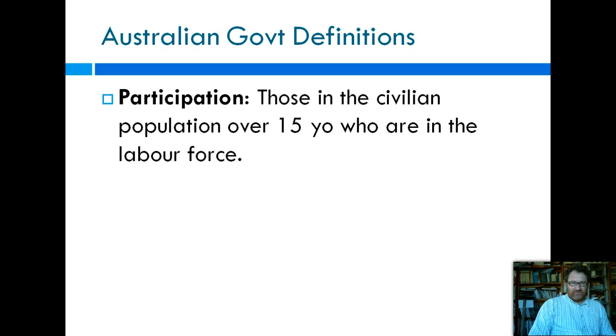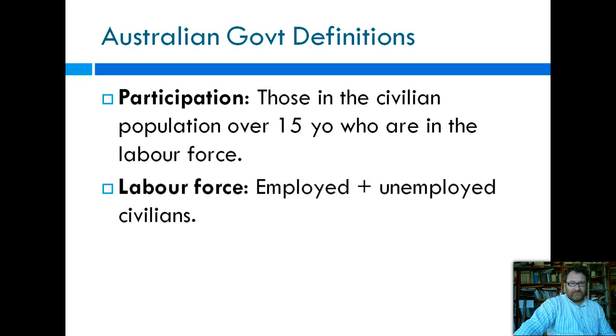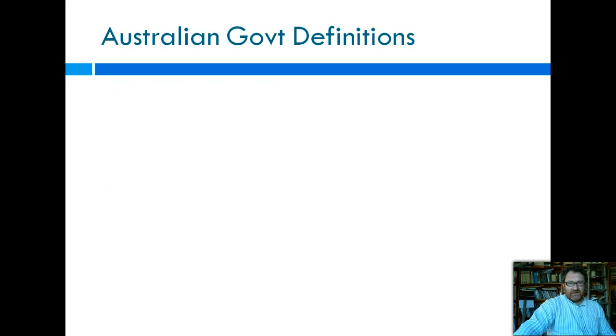If they're in the labour force, over the age of 15, they're civilians, then we say they are participating. Doesn't mean they're employed, doesn't mean they're unemployed, it just means they're participating in some way. What's the labour force then? Well, the labour force is just made up of all those who are employed and all those who are unemployed.